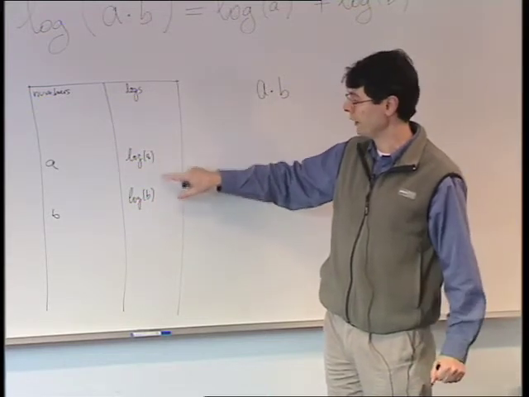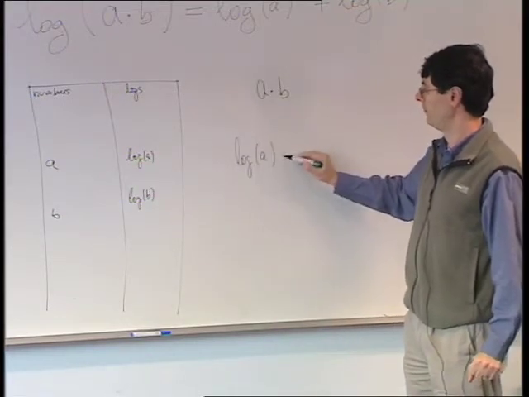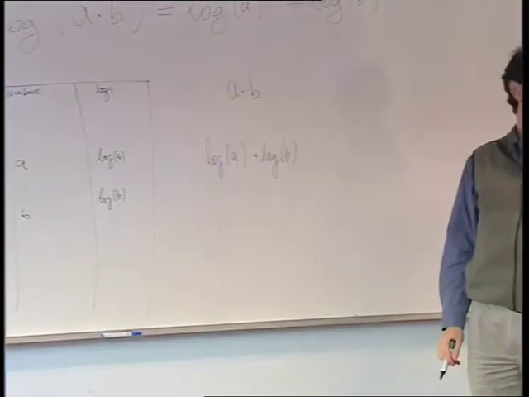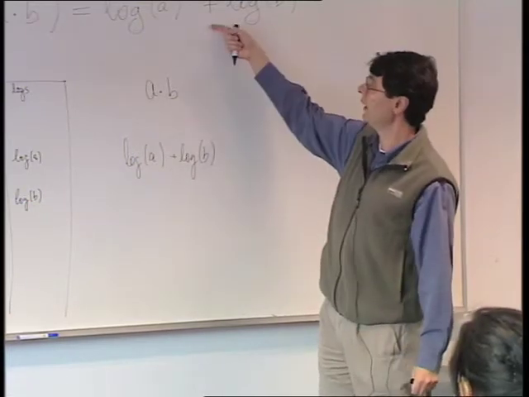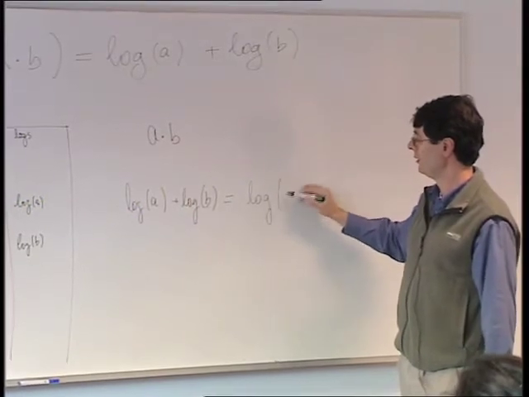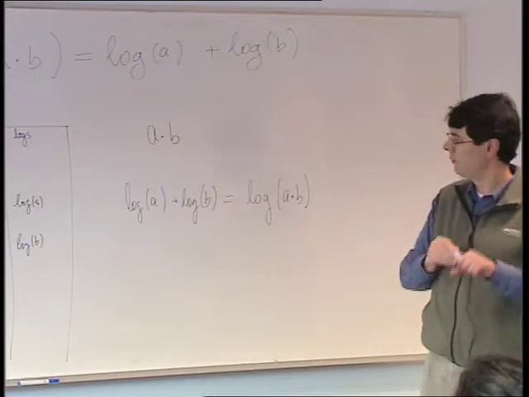So you add log A plus log B. And you found a number. This thing is saying that it's the same thing as a log of A times B.